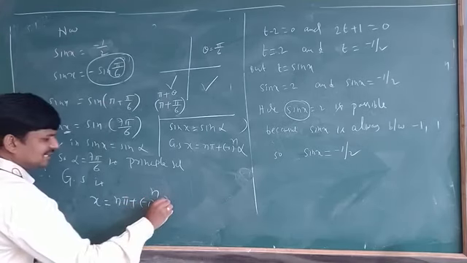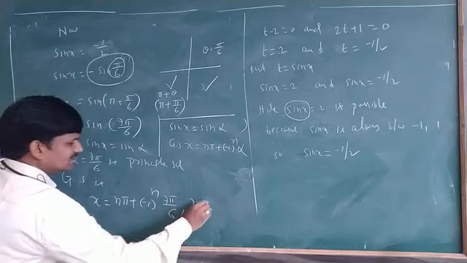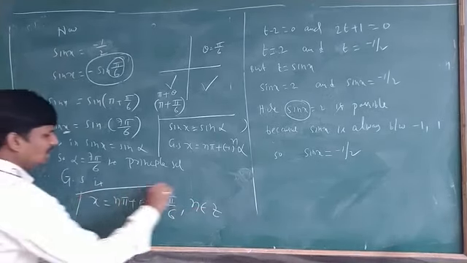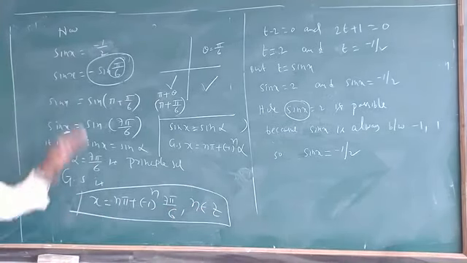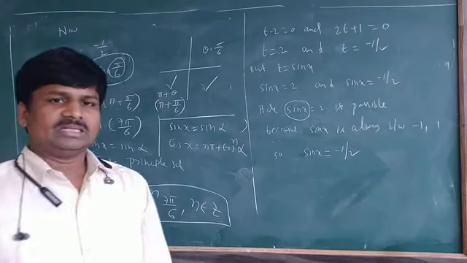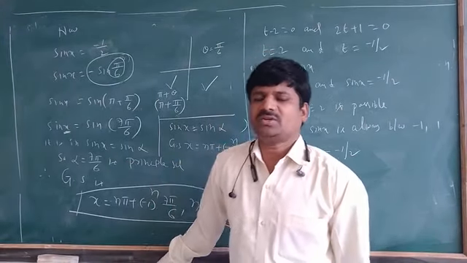Alpha means 7 pi by 6. Here n belongs to Z. So this is the general solution of the given trigonometric equation.